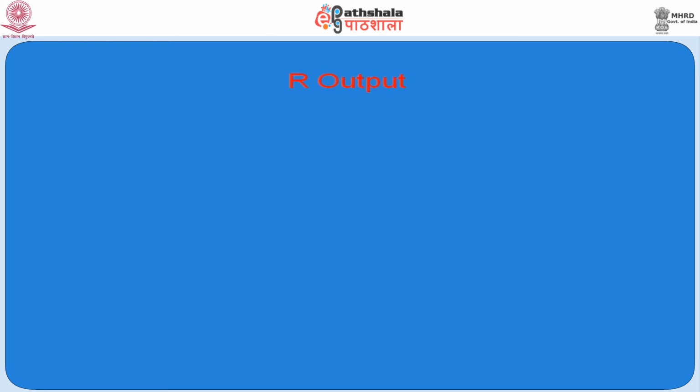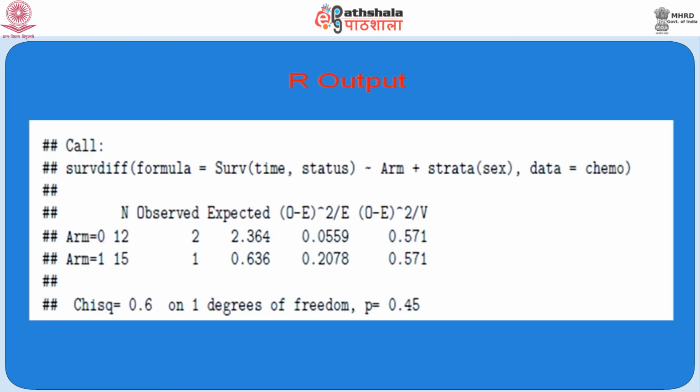The R output will be like here. Again it shows that the p value reduced from 0.77 to 0.45, but again no difference was observed between the arms on this data, that is male and female. The chi-square test value is 0.6 with 1 degree of freedom.